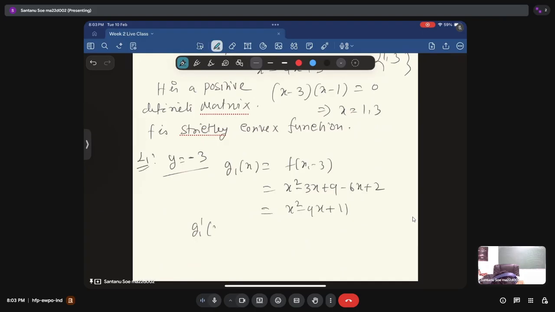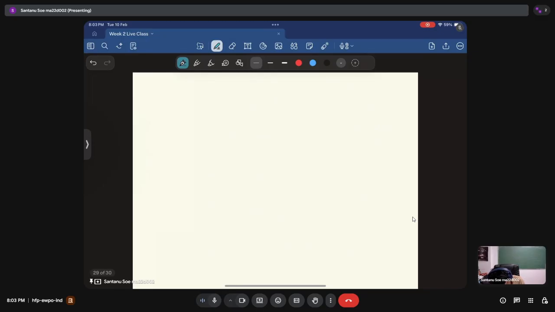So g1 prime(x) equals 0 will imply that 2x minus 9 is 0, and this will imply x is 9 by 2. And again g1 double prime(x) is 2, which is greater than 0.